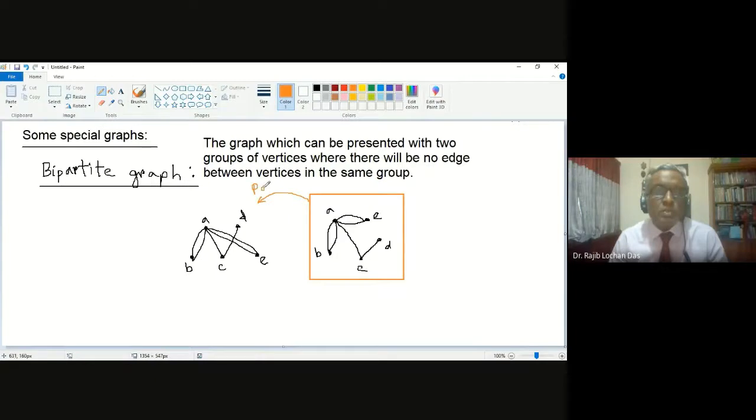That is two groups of vertices, and there will be no connection between the vertices in the same group. If it is possible, then you will say yes, bipartite. If it is not possible, then it is not bipartite. So this is another special graph.